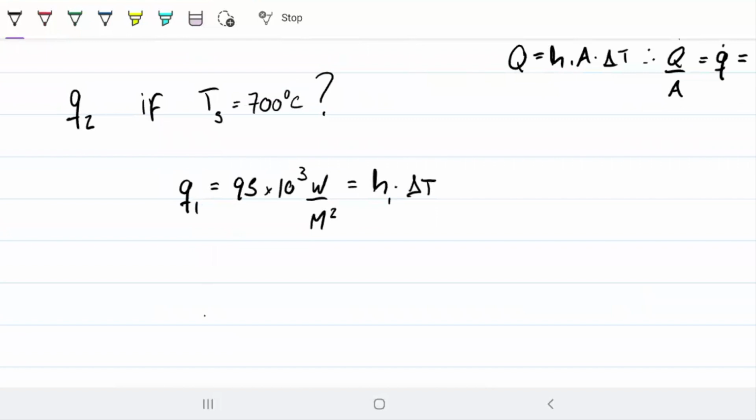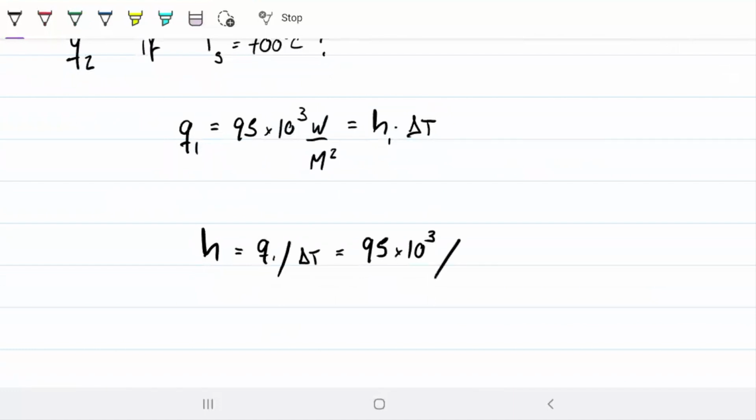So H will just be my small q divided by my delta T, and in this case I just have 95 times 10 to the third divided by 1150 minus 800, which gives me approximately 271.43 watts per meter square Kelvin or Celsius.